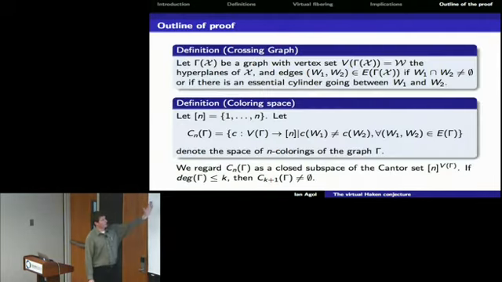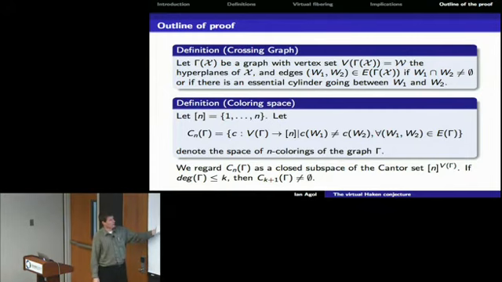So here's what I was defining before. You take this crossing graph of this infinite complex X, a graph where the vertex set is the walls, or the hyperplanes, of that complex, and you have an edge between those if they intersect, or if there's an essential cylinder going between them, which represents that the two subgroups intersect non-trivially up to conjugacy.